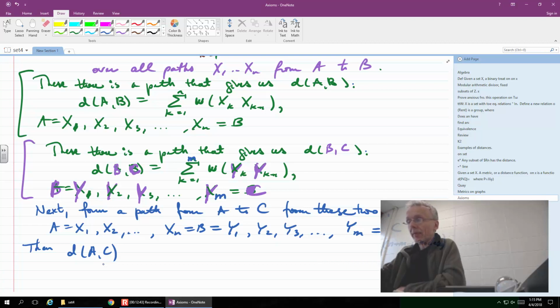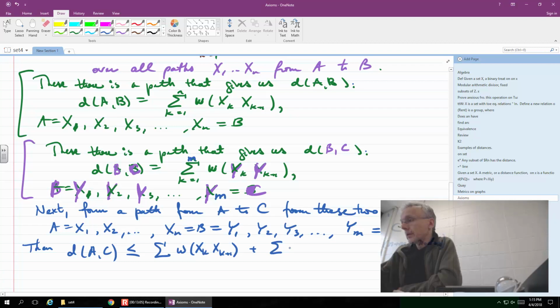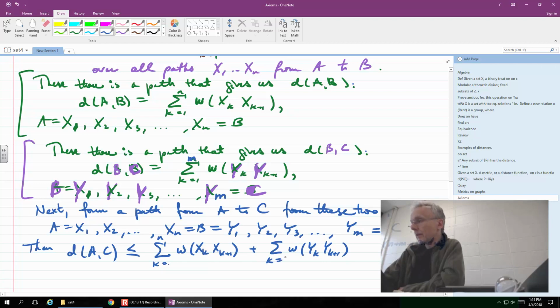This is just one path, so this will be less than or equal to the sum of the weights along that special path that we picked: the sum of W(xk, xk+1) plus the sum of W(yk, yk+1). I keep saying omega, it is a W. Here k runs from 1 to n, and from 1 to m.